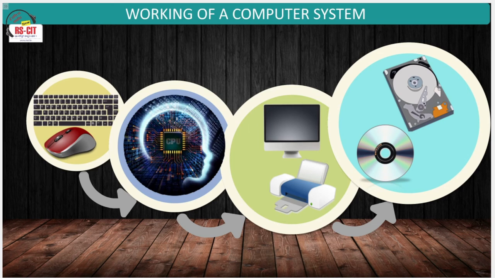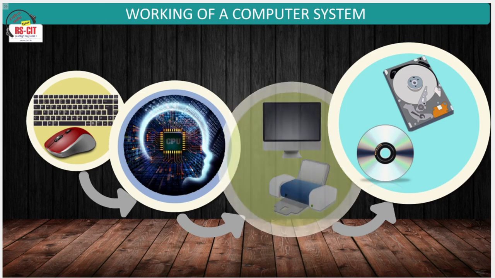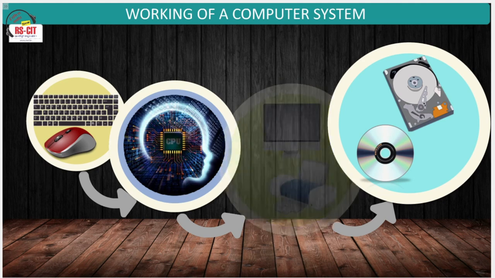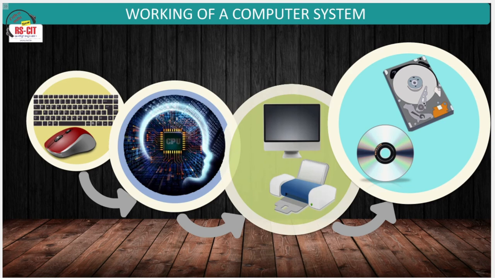Some common CPU examples are Intel i7, i5, i3, dual-core, Core 2 Duo, Pentium 2, Pentium 3, Pentium 4, Intel Celeron and AMD Athlon. Output devices are any hardware components that convey information to one or more people.